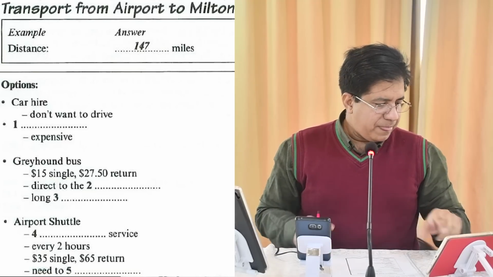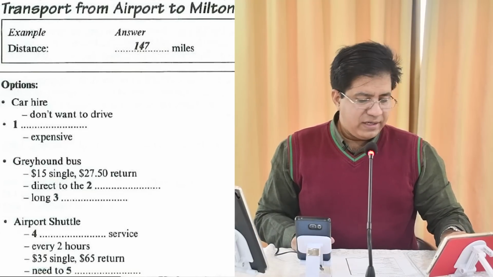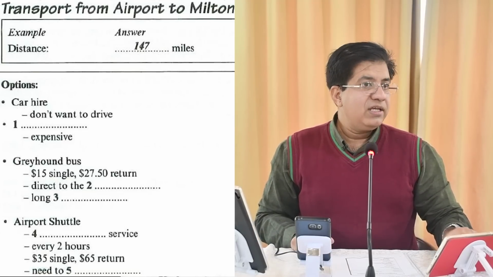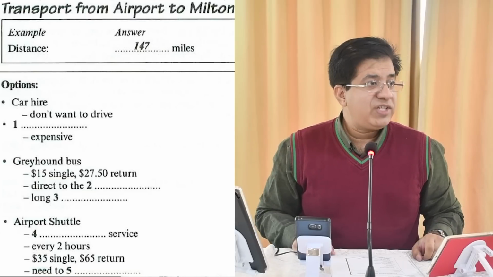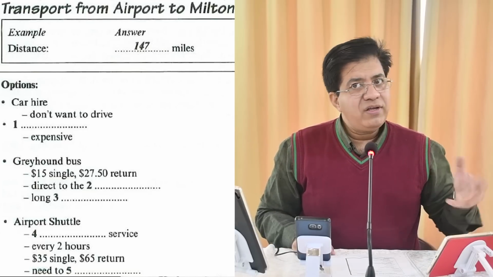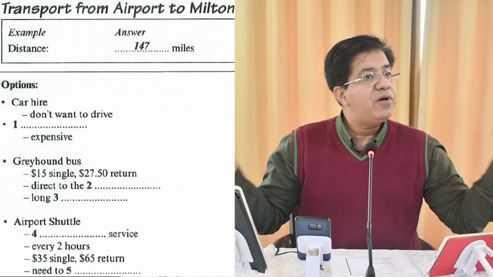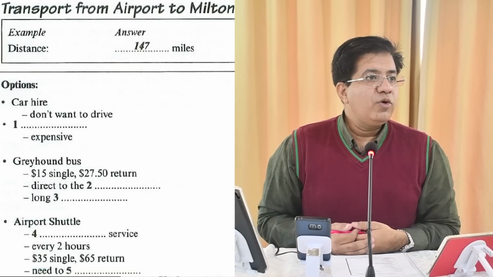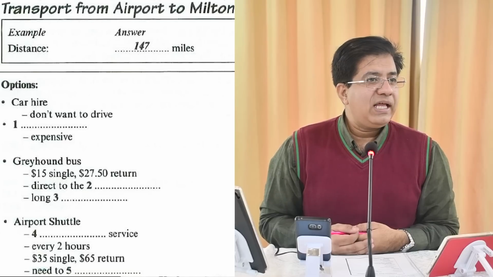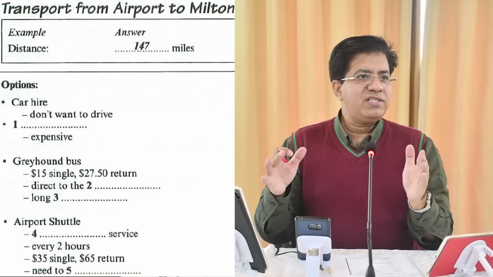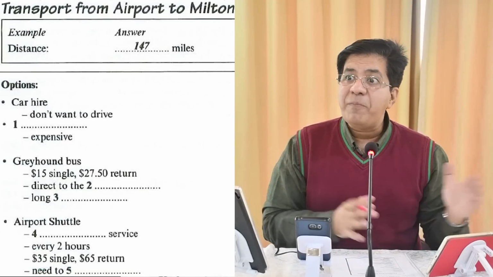Now, we go on. After that, long dash. Question number 3. It can be long distance. It can be long something. Underline the word long. For long, they might use the words quite a. For example, long distance, it's quite a distance from here.